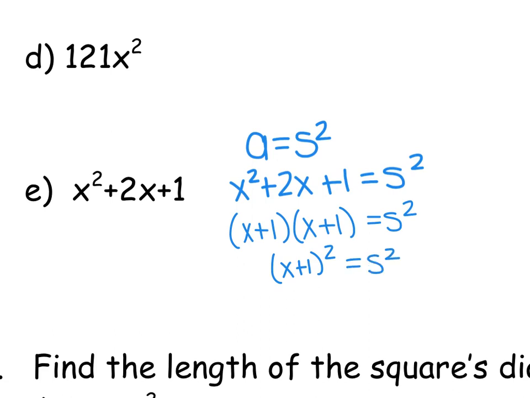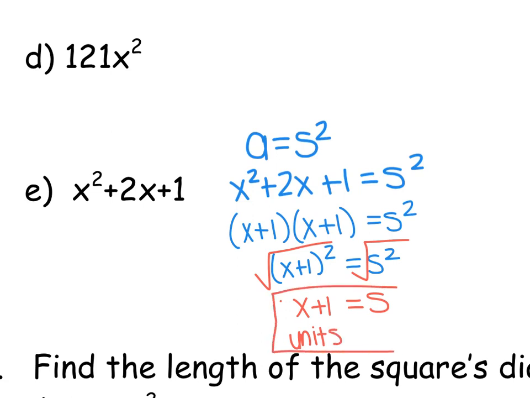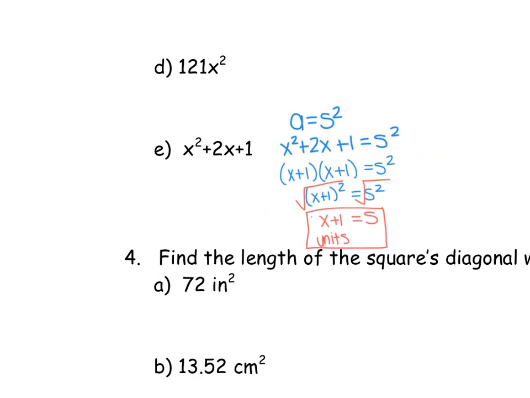And if we take the square root of each side here, x plus 1 is equal to the side. Again, no unit here, so we could write units, since we don't know if it's feet or inches or centimeters.